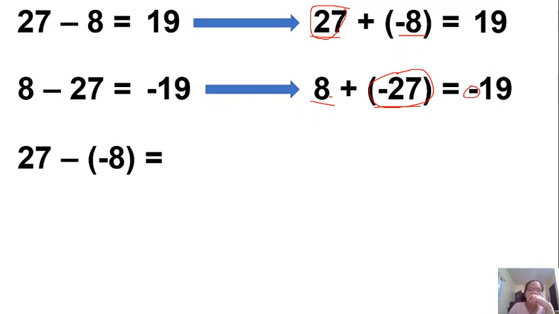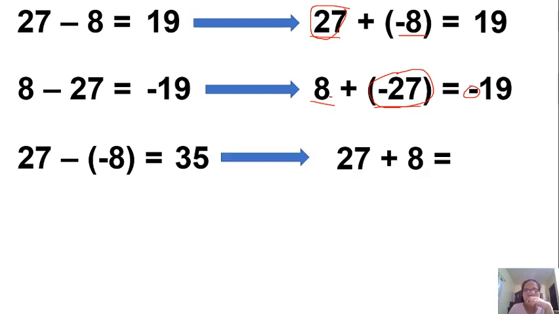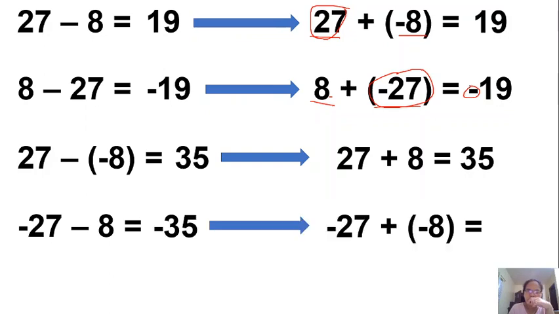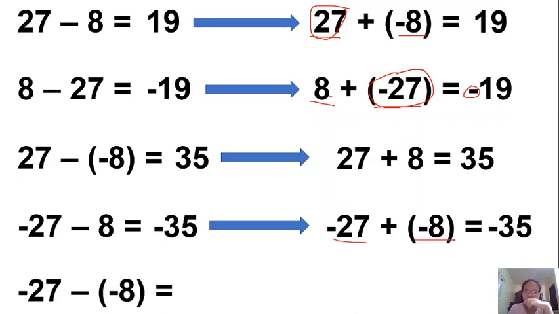If we have 27 minus negative 8, that will give us 35, which is the same with 27 plus 8. Negative 27 minus 8 is negative 35, which is the same with adding negative 27 and negative 8. So when we add integers with the same sign, you simply add them and then copy the sign.